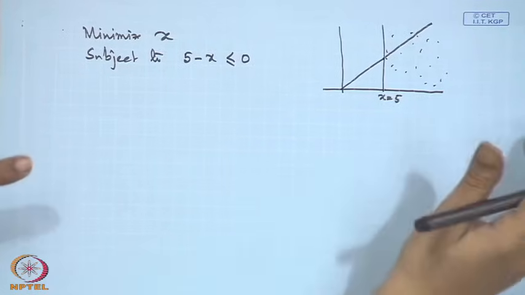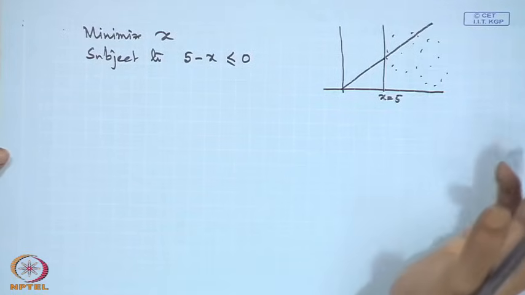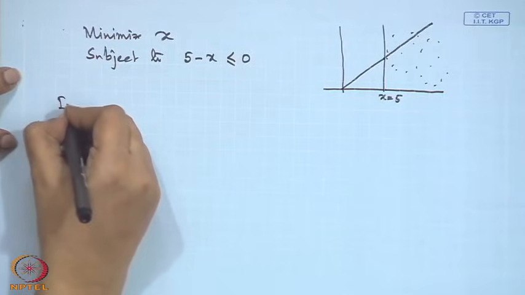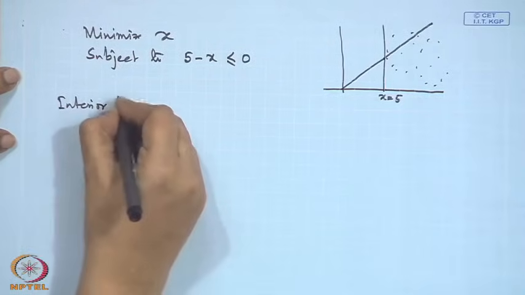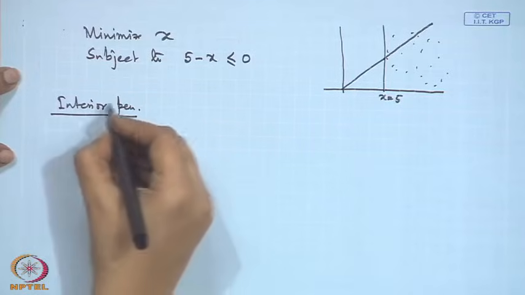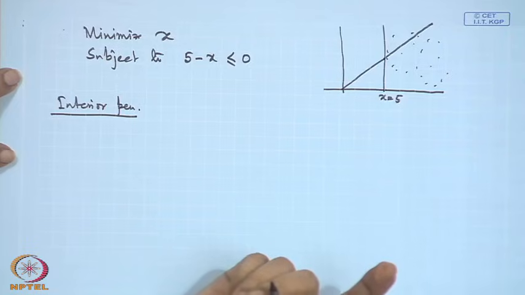Now, here we are using the interior penalty function method and the exterior penalty function method separately. As I said, in the interior penalty function method, let me consider the first popularly known function, the inverse barrier function. We can consider the log function as well.